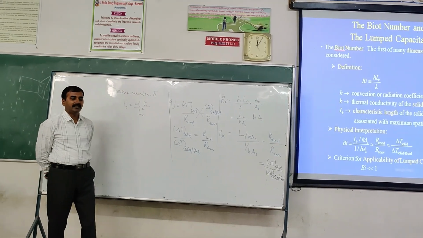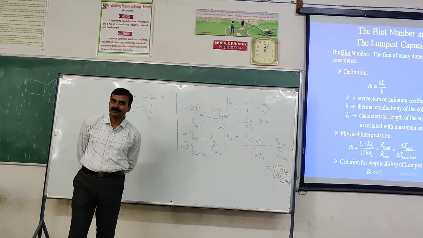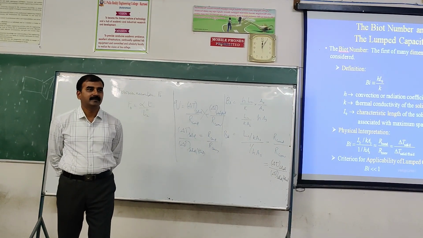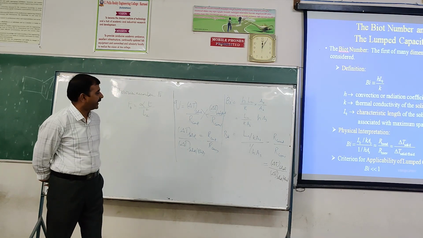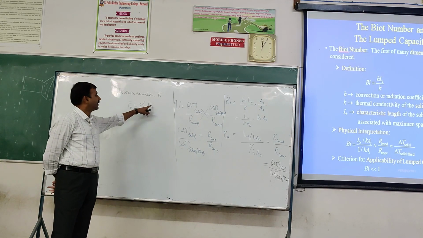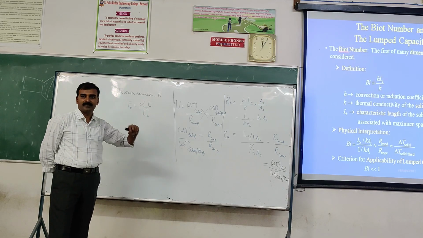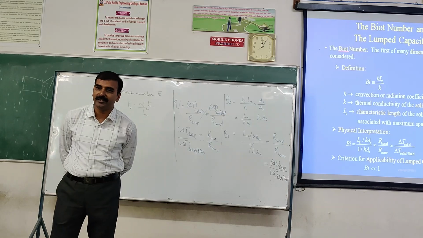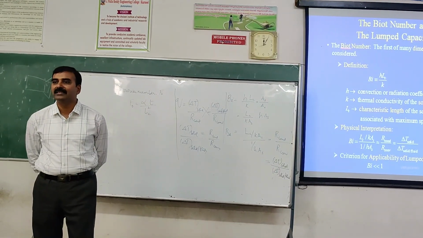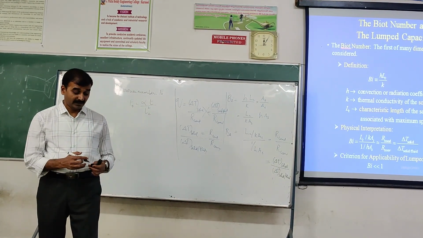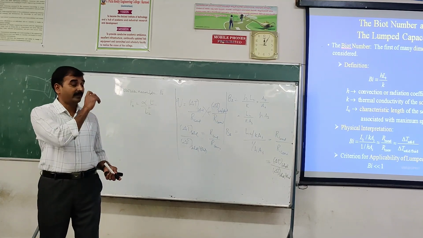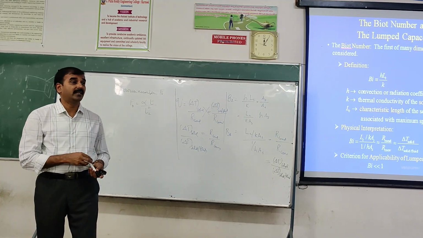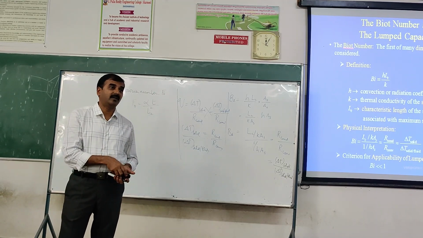It is called dimensionless time. There is a time here, but the product of all this is of course dimensionless, and the general name that is given to it is dimensionless time. So these two dimensionless numbers are useful in the analysis that we are going to make now.